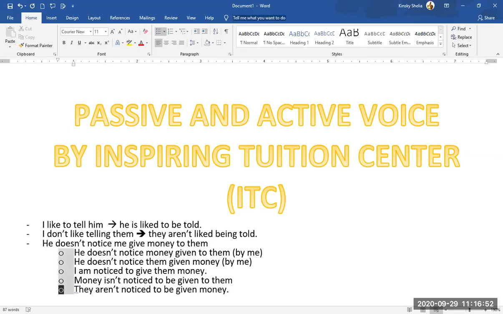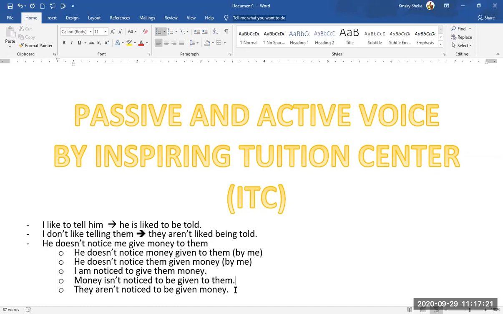Well, we can see here that whenever the object is drawn to become the subject in the passive sentences, the verb it passes through must be changed into the passive. It means that to be given, the to be and also the verb 3.